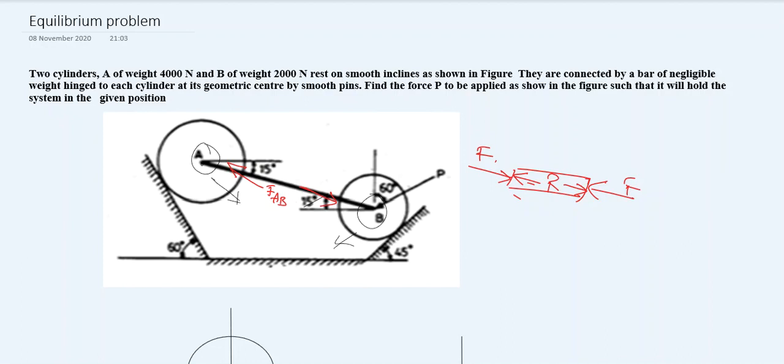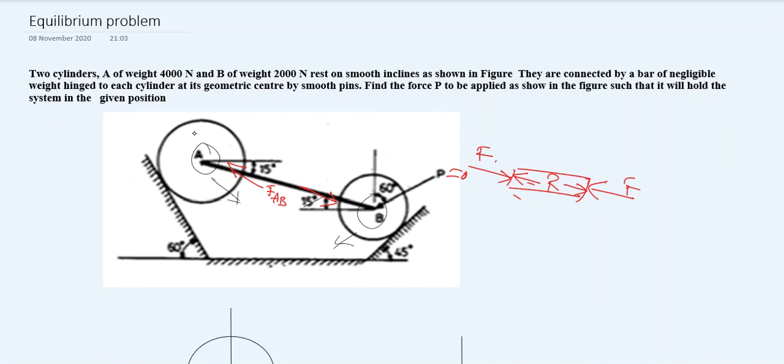Also we know that we have a force P. We need to find the force P, which pushes the cylinder such that the system should be in equilibrium. If P equals 0, what will happen? Just assume P equals 0. This roller comes inside, this roller moves upside.